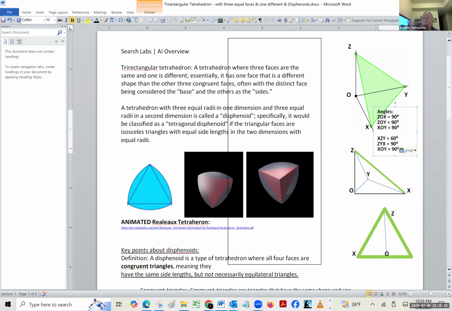And if we measure XYZ, which is interesting that we actually have an alphabetical anything, XYZ equals 60. And that covers all three angles, right?